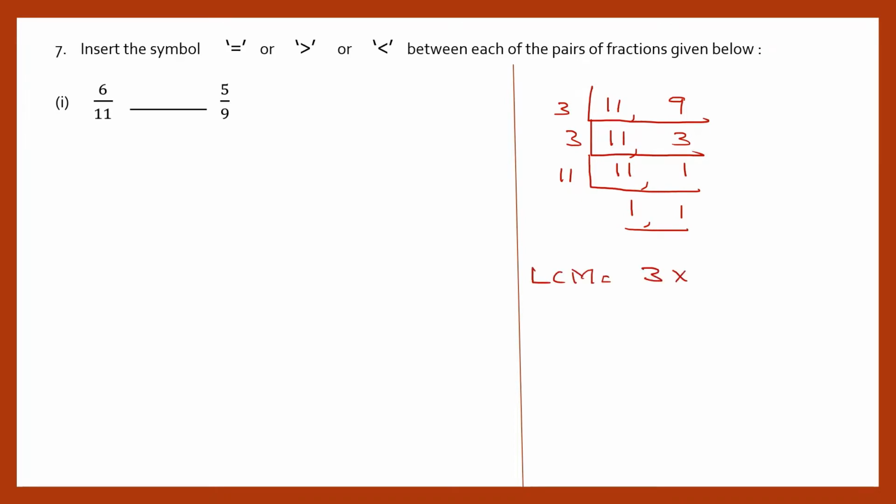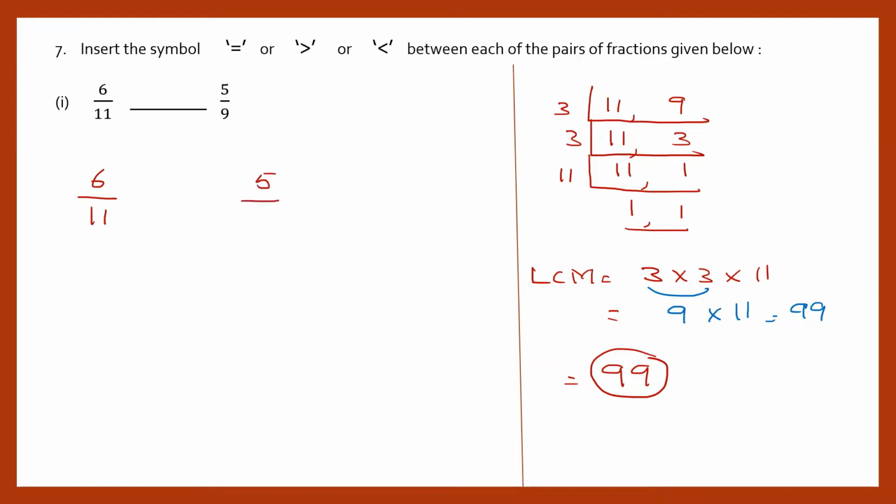Now LCM is 3 into 3 into 11, which is 3 threes are 9 into 11. 9 elevens are 99. So the LCM is 99. Let's use this LCM here. We write down the fractions, 6 by 11 and 5 by 9.